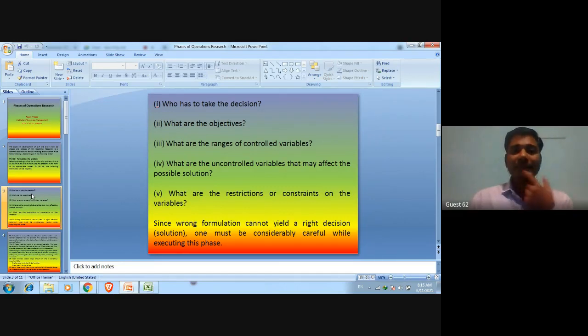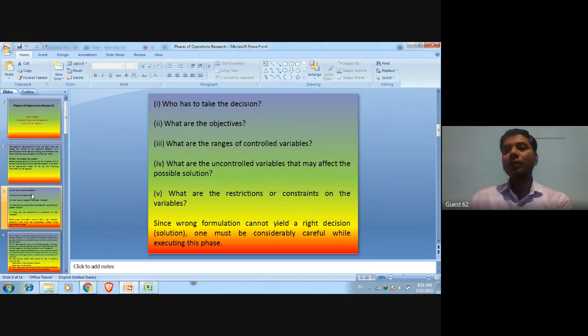So, next is what are the range of controlled variables? Controlled variables are those variables which are related to the internal environment of the organization. You have to observe whether there is any factor.